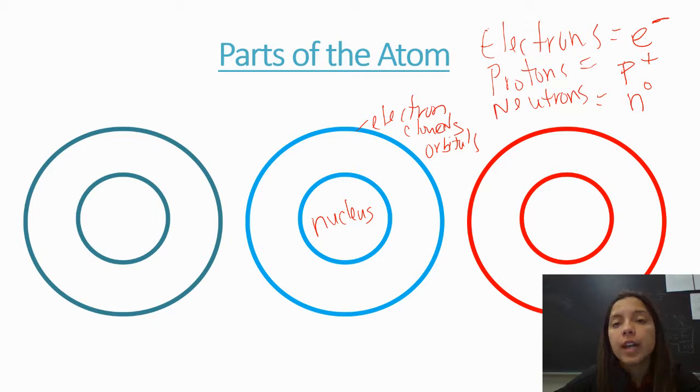Now, where do we find the protons? The protons are inside the nucleus. And also the neutrons are inside the nucleus. Now, the electrons you would find orbiting around in the electron clouds.